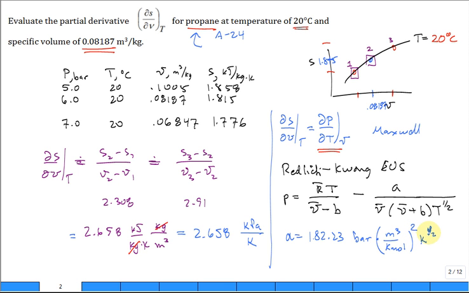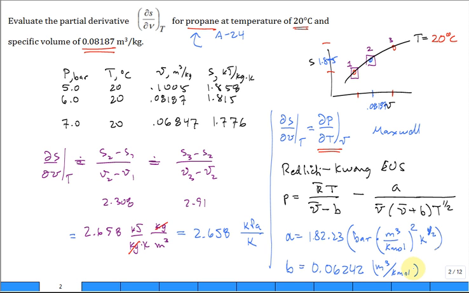That may be one of the most unique grouping of coefficients or units for any parameter so far. True? I mean, it just is a mix of parameters. And then the coefficient B is equal to 0.06242 units of meters cubed per kilomole.